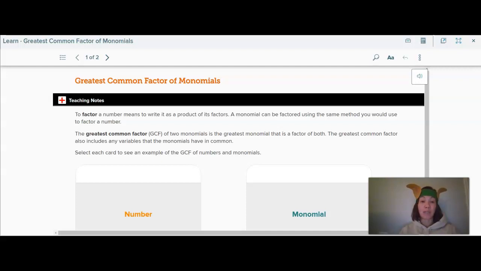We can find the factors and the greatest common factor. So to factor something means to write it as a product of its factors. So like for instance 12, the factors of 12 are 3 and 4. A monomial can be factored using the same method we would use to factor a number, and the greatest common factor is the greatest monomial that is a factor of both.